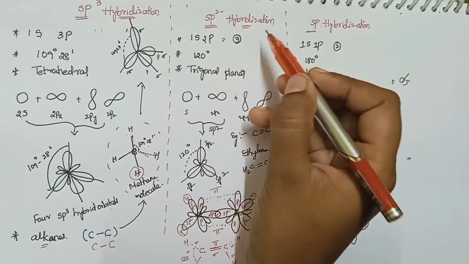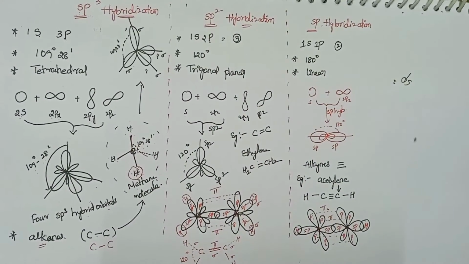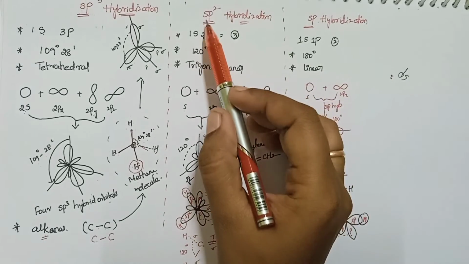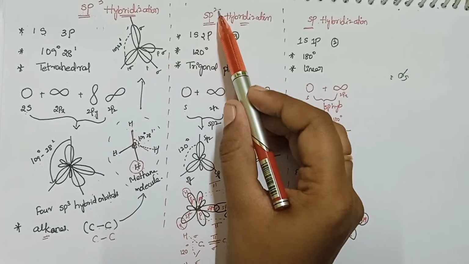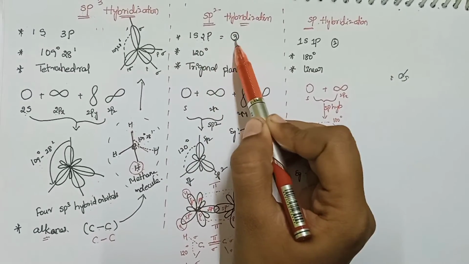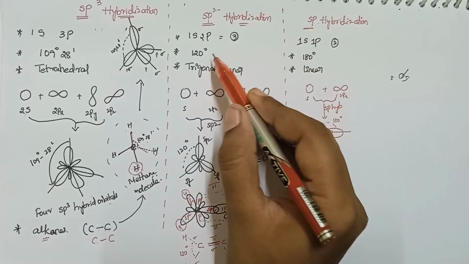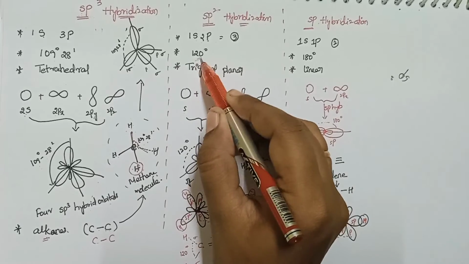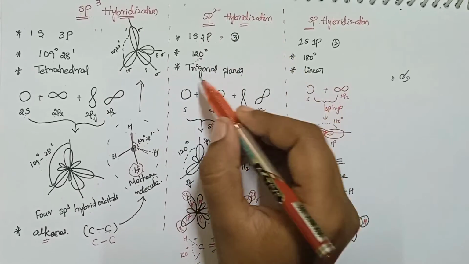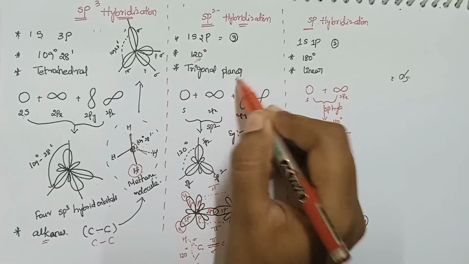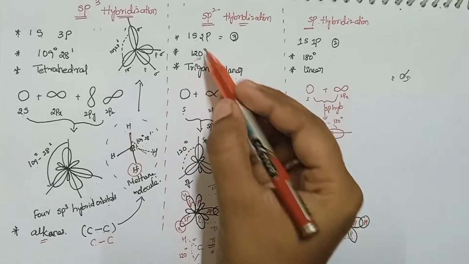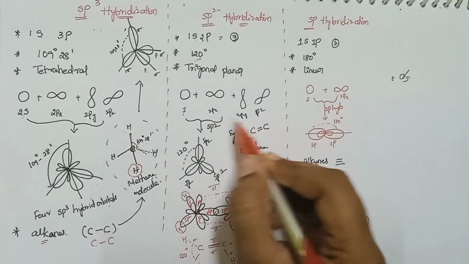In sp2 hybridization, one s orbital and 2 p orbitals form 3 equivalent sp2 hybrid orbitals. The bond angle is 120 degrees. The structure of sp2 hybridization is trigonal planar.